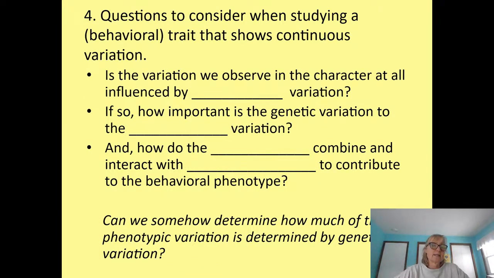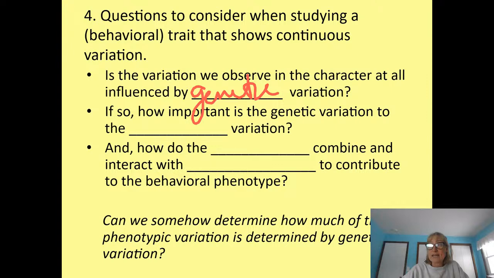And when we're studying a behavioral trait that shows continuous variation, we will start asking these questions. We'll say, is the variation that we see in this character of curiosity in dogs at all influenced by genetic variation, by variations in their genes?